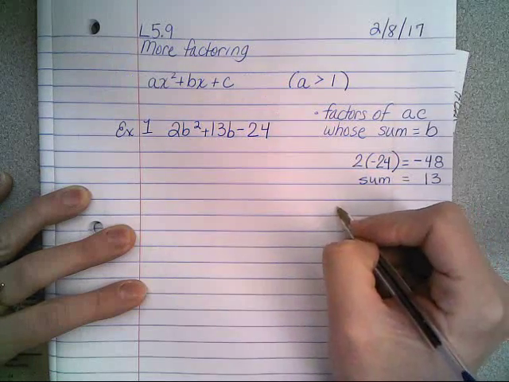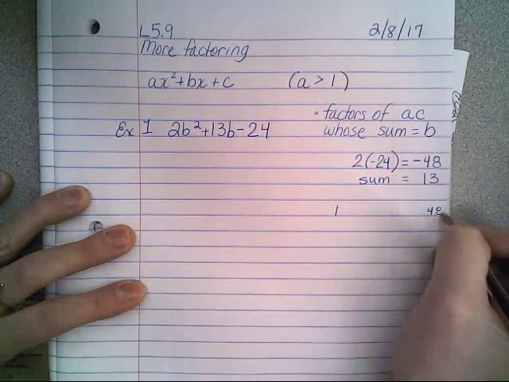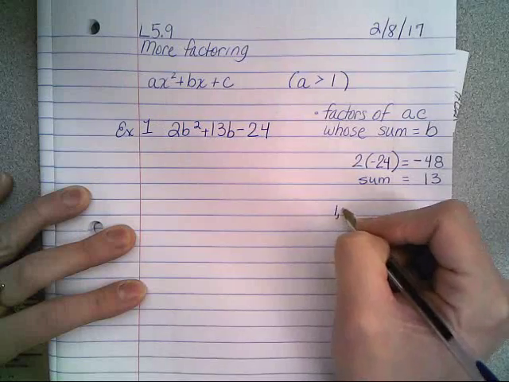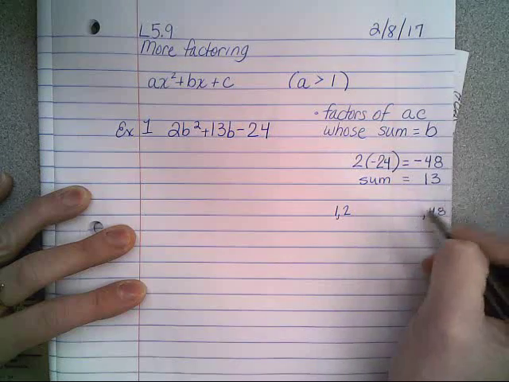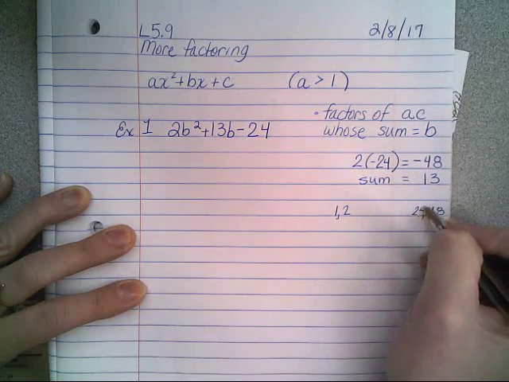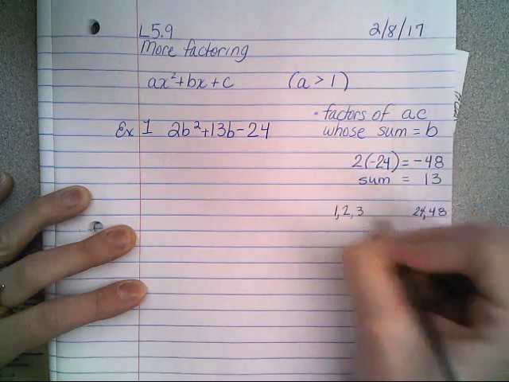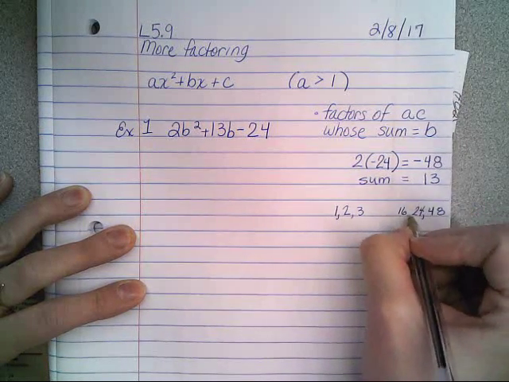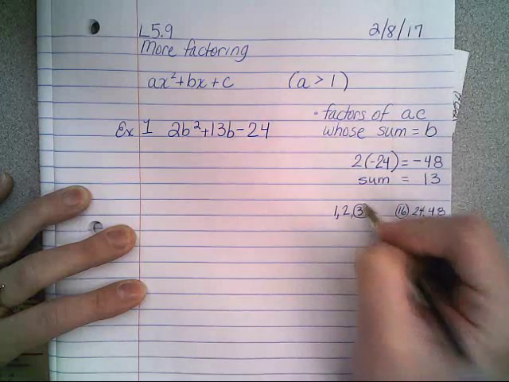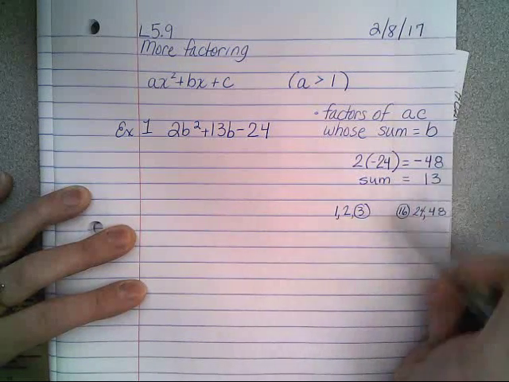So we've got 1 and 48, 2 and 24, 3 and 16. 3 and 16, that looks like our winner.